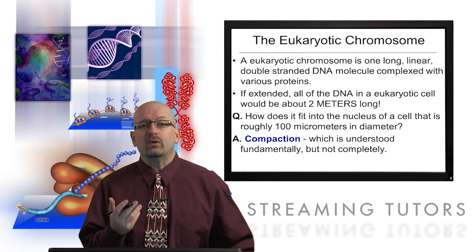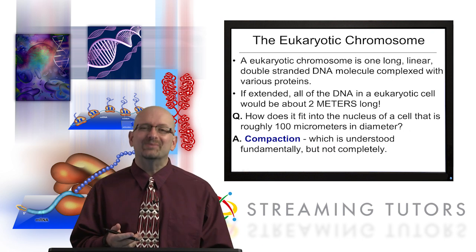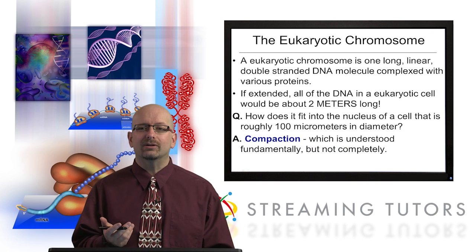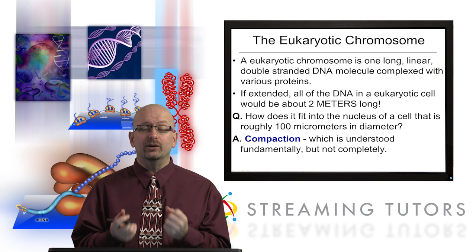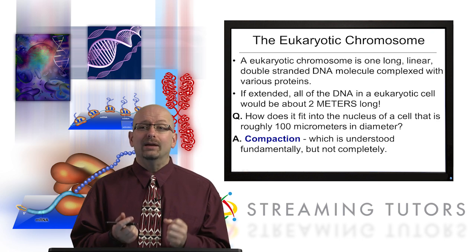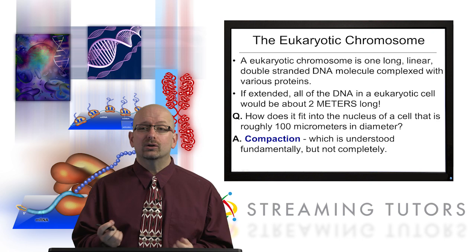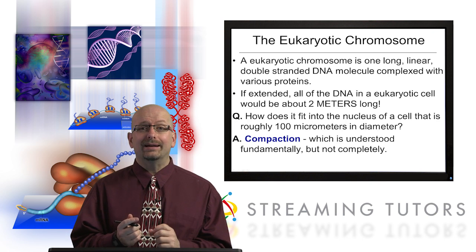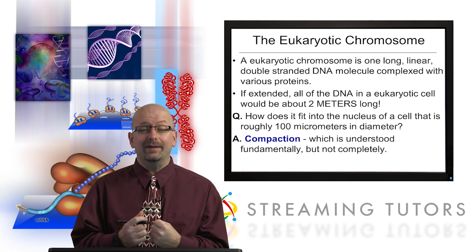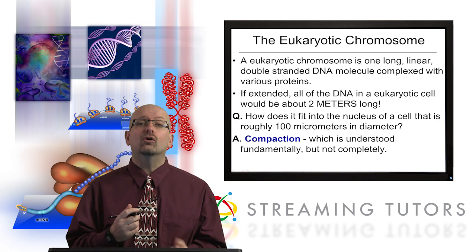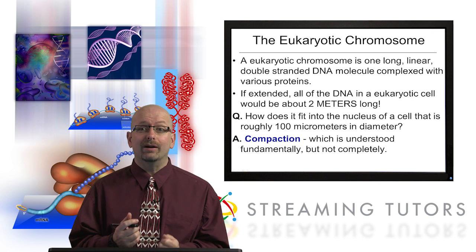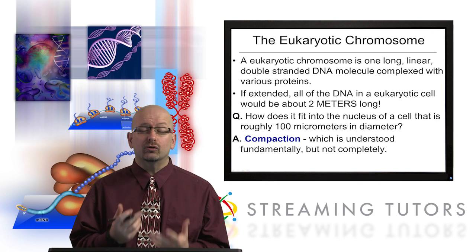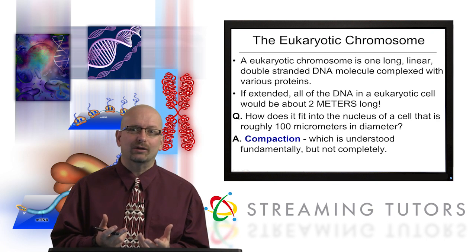Well, one of the conundrums or questions that's often asked is, yes, it is true that a eukaryotic chromosome is one long, linear, double-stranded DNA molecule. But it turns out that in order for it to really fit inside the cell, it's also complexed with various proteins. And of course, it depends on the chromosome and the cell size.